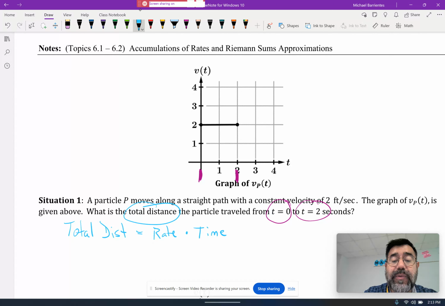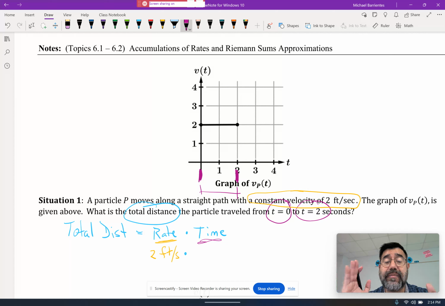So when I look at this situation, I know that the rate is 2 feet per second. And I'm going to multiply that times my time. How long was it in motion? Well, it was in motion from time 0 to time 2. And so I'm going to write it this way: 2 minus 0, which would just give us 2 seconds.